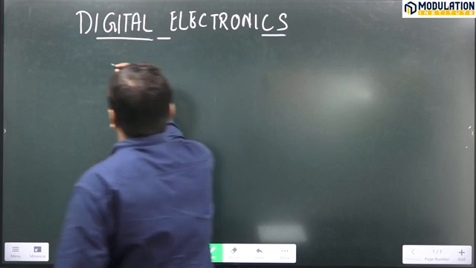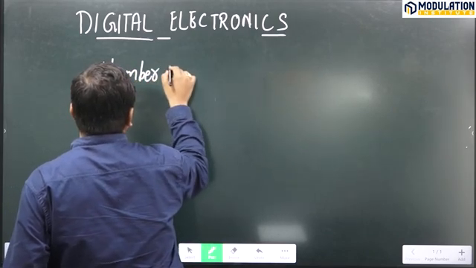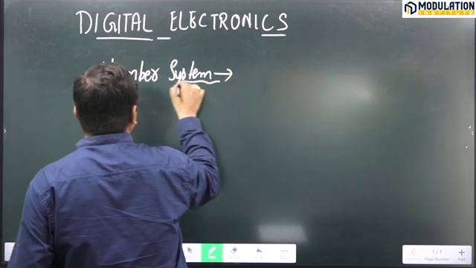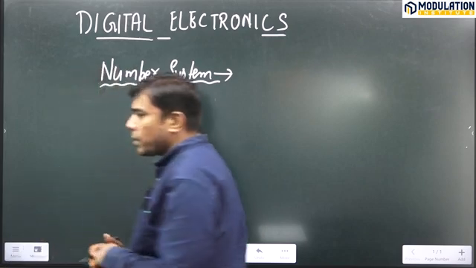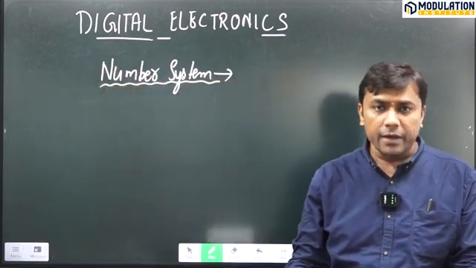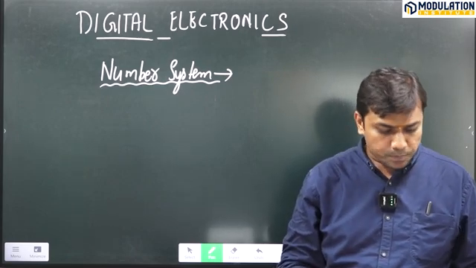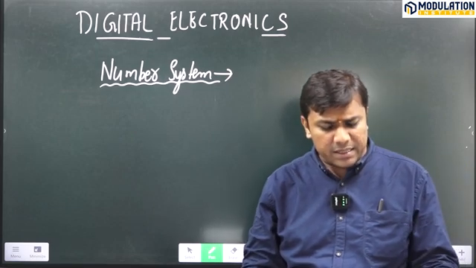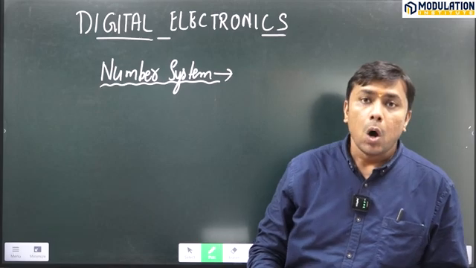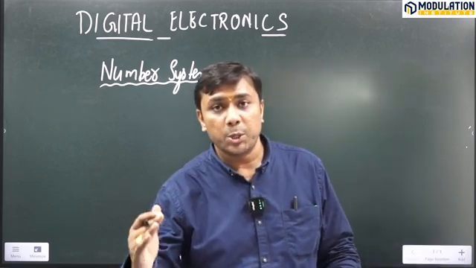So before going to that, we come to know what a number system is. होता क्या है number system, or what are the different types of number system? Everything we are covering here in detail. So what is a number system? It is simply a system to represent or express numbers, or we can say it is also called the system of numeration.